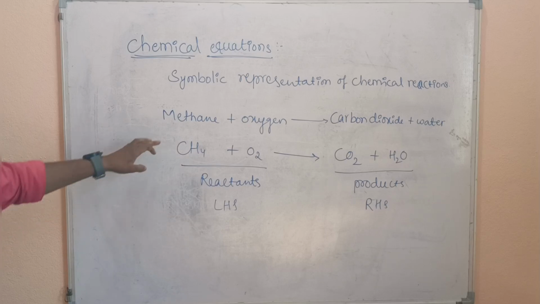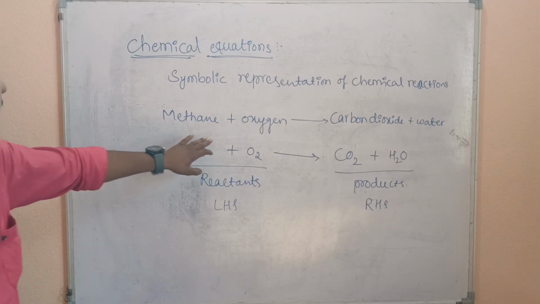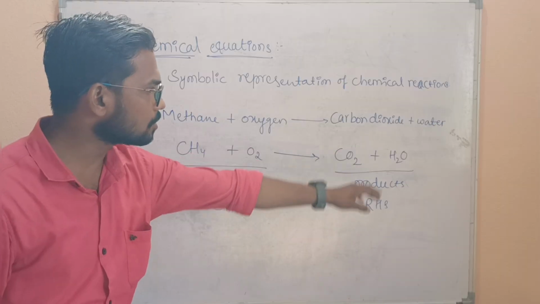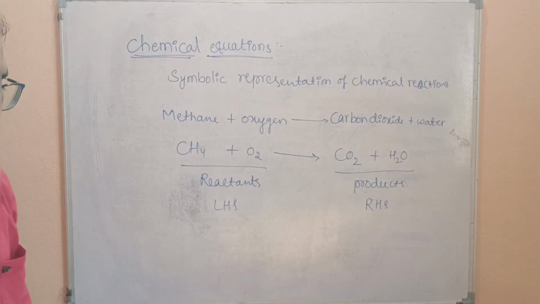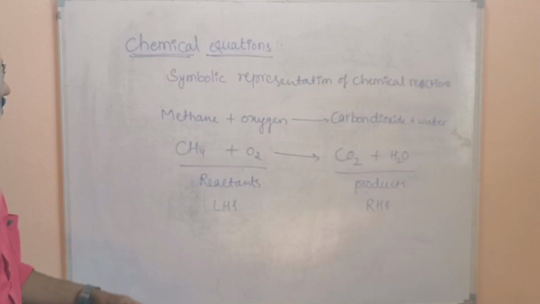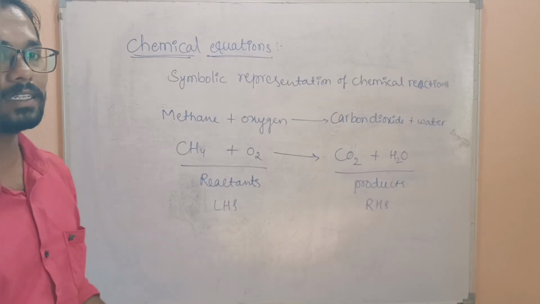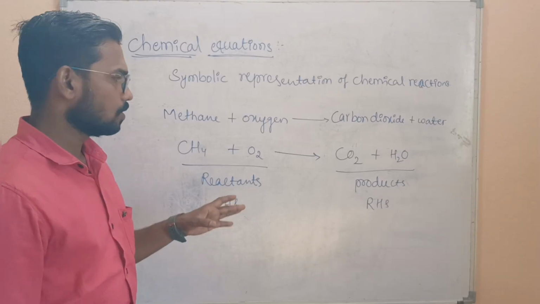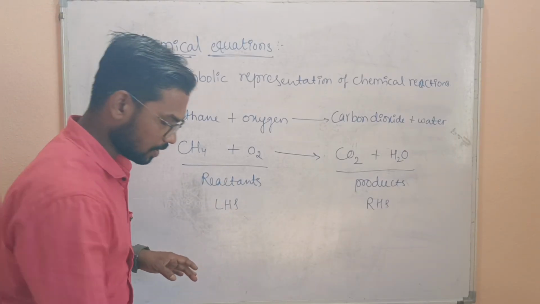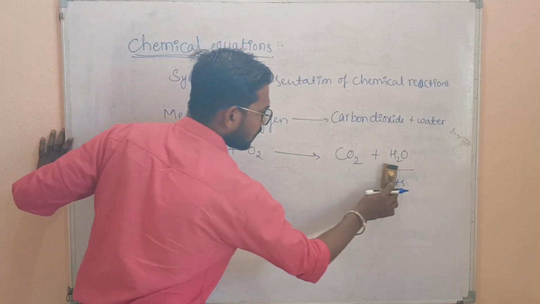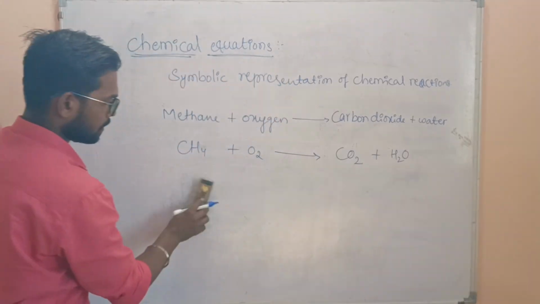Here methane is CH4 and oxygen is O2, then carbon dioxide is CO2, and H2O is water. You already know these things, and after this we will study the balancing of chemical equations. Before going to balancing, some defects are there in this reaction that we will conclude by studying it.